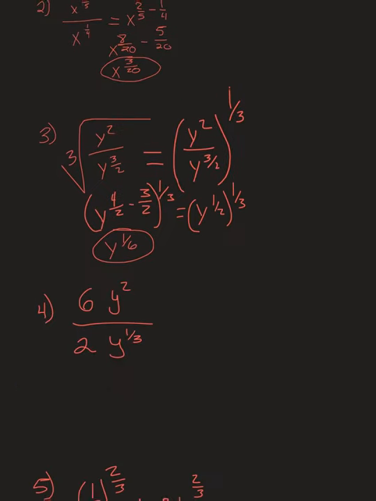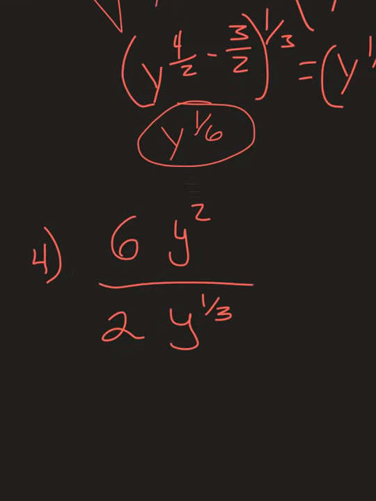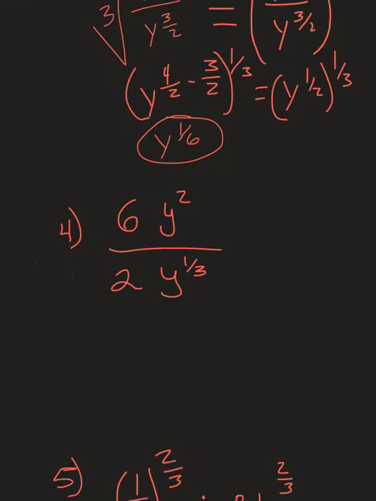I'm going to change colors because I think that we've had a lot of red. Okay? So this one is similar to the last. Let's go green. The only difference about this part is that we now have a coefficient, right? Do we remember what the coefficient is? The coefficient is these numbers in front, okay? So we're going to deal with the coefficients separately from our variables raised to the power.